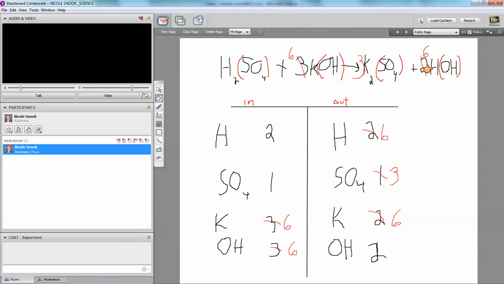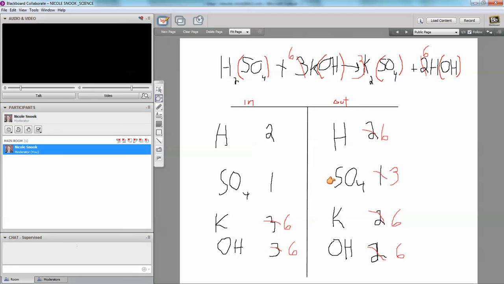And OH has been affected because of this 6 right here multiplying across. So now when we look at our T-chart, we see that we are balanced down here, but we're not balanced up here. So our H's and our SO4s are unbalanced.